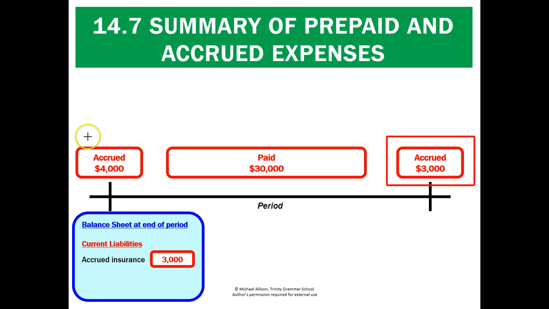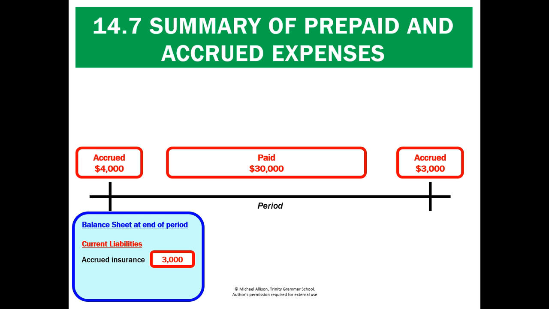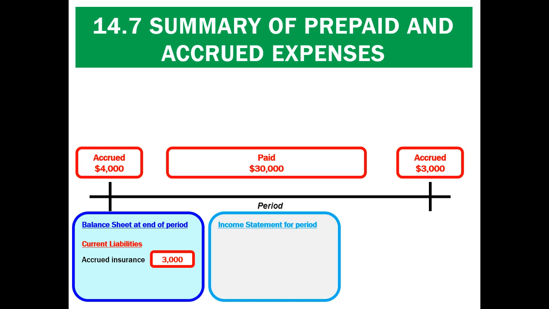Now the reason why we left out the old accrued insurance here was because presumably when we paid $30,000 this period, some of that must have been to take care of the accrued expense from last period. Looking at our income statement, we need to know the expense for the current period. So the first thing we can do is rule out this amount, because that was an expense last period that was incurred but not yet paid. And while we'll pay it this period, it's not actually an expense that's going to be incurred this period.